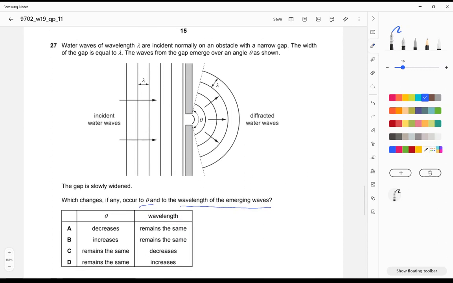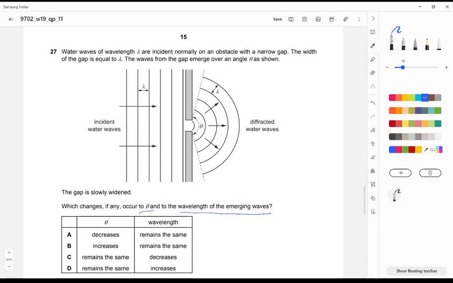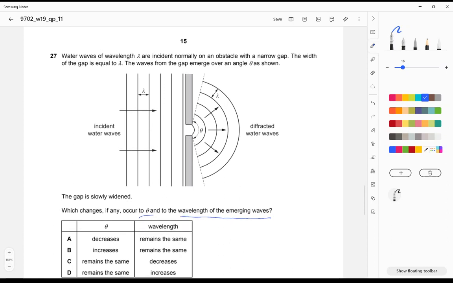Well, theta is the spreading. We know the idea is diffraction. Maximum diffraction is seen when the size of the opening is comparable to the wavelength, lambda.